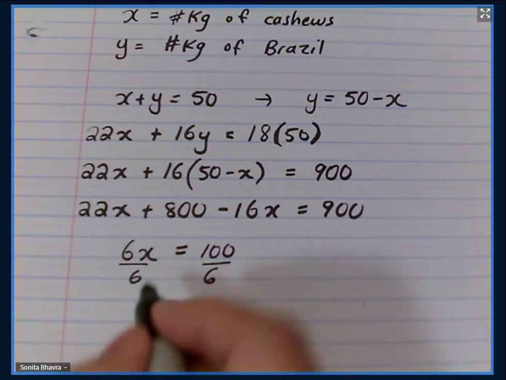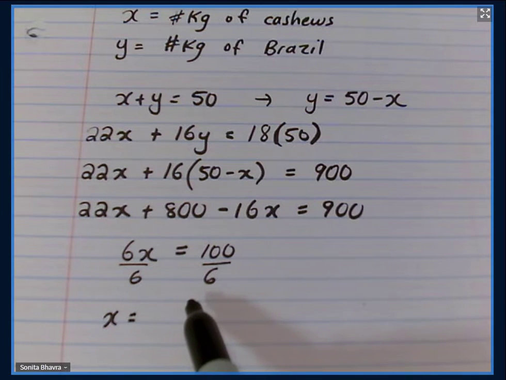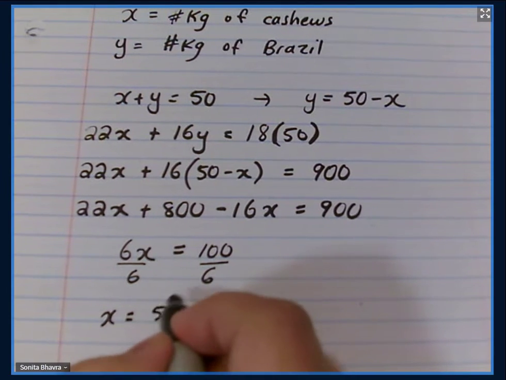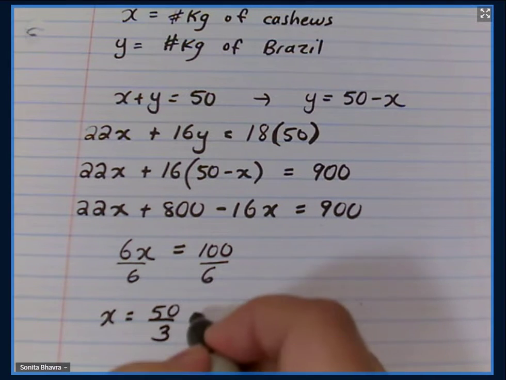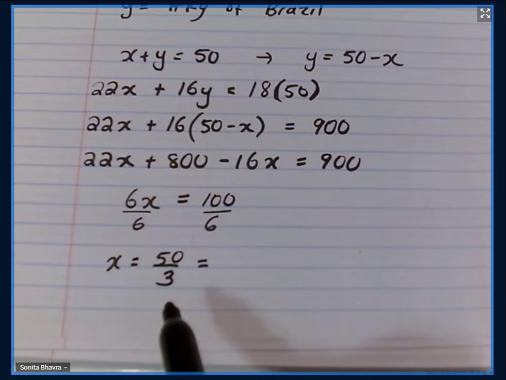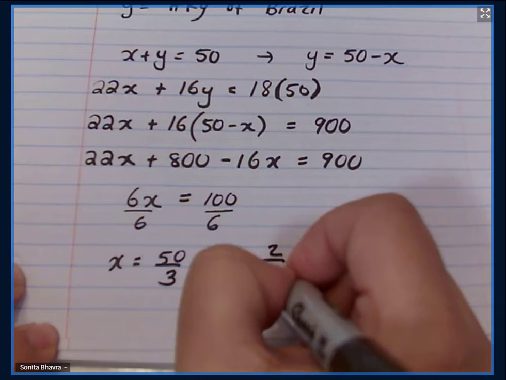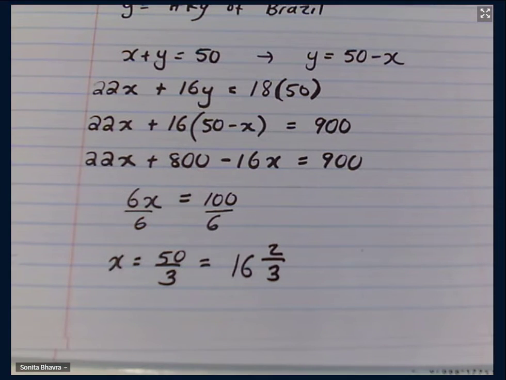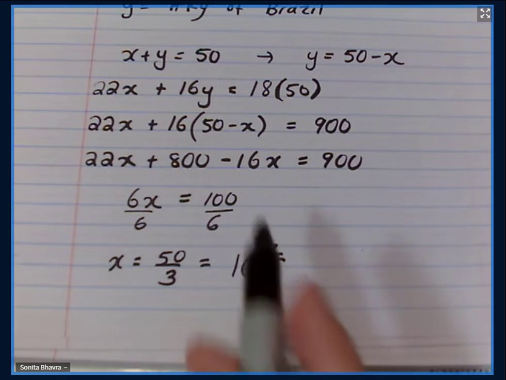And you can reduce that. 100 over 6, we can reduce to 50 over 3. That's an improper fraction, so we can write it as a mixed fraction, 16 and 2/3. All right, so that is what x is equal to.